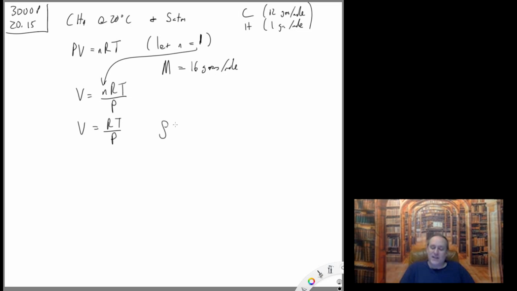And the density is going to be the mass over the volume.